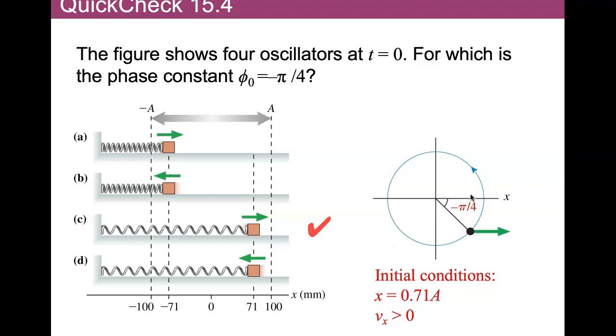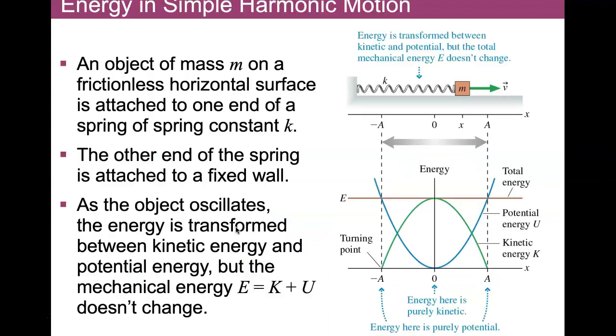The projection is to the right of the origin. So A and B are out. And then if it's moving counterclockwise, it's getting closer to this point, to angle 0. So the direction of the velocity is to the right, it's positive, and therefore C is the correct answer.